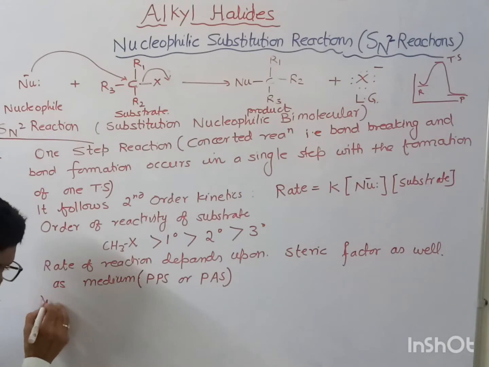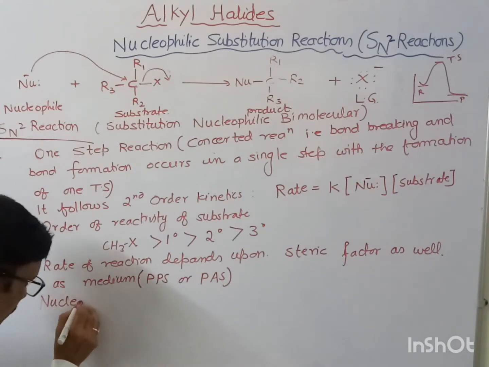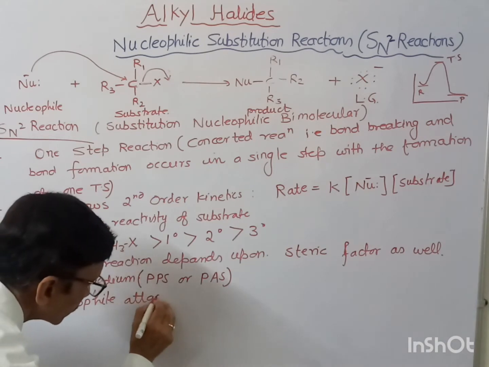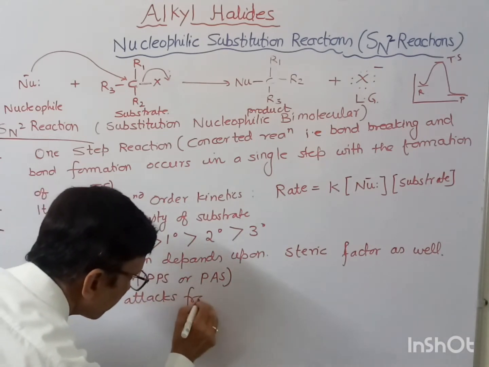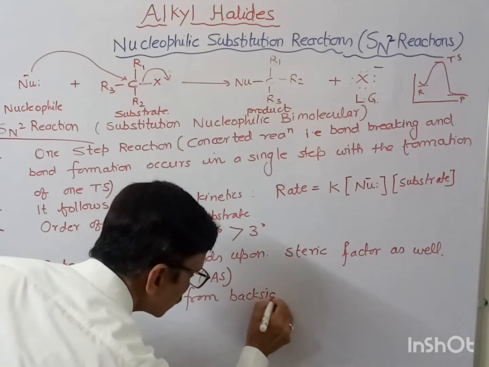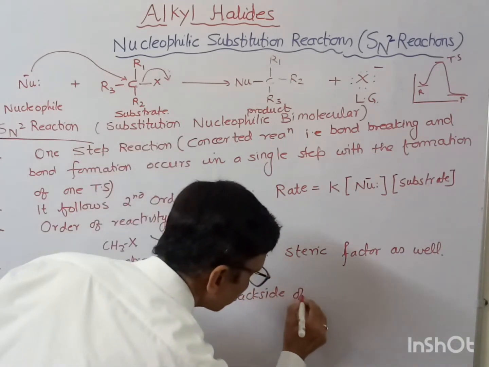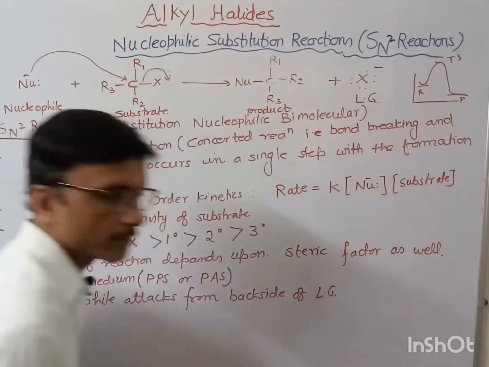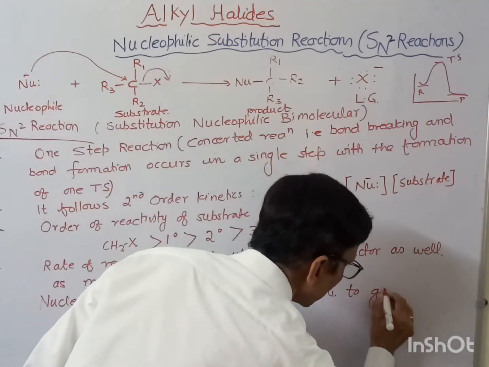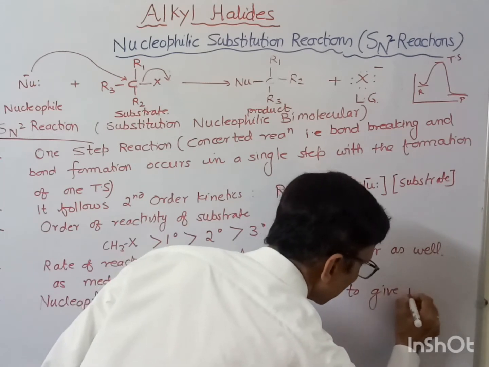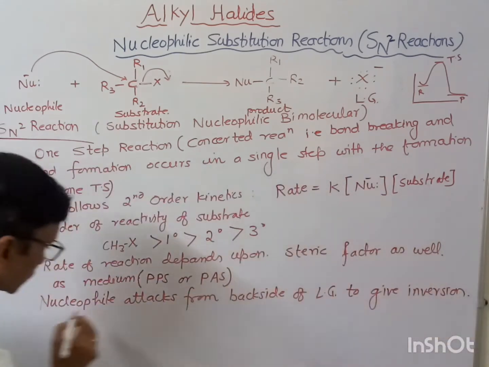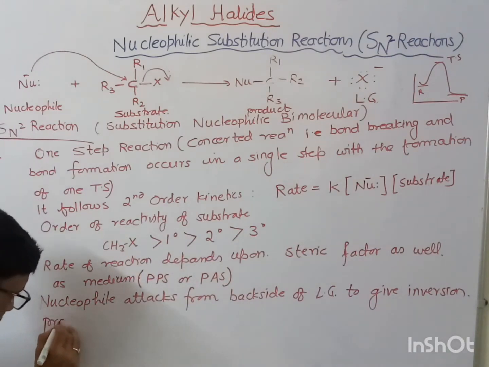So the nucleophile attacks from the back side of the leaving group, or we can say the opposite side of the leaving group, to give the inverted product.